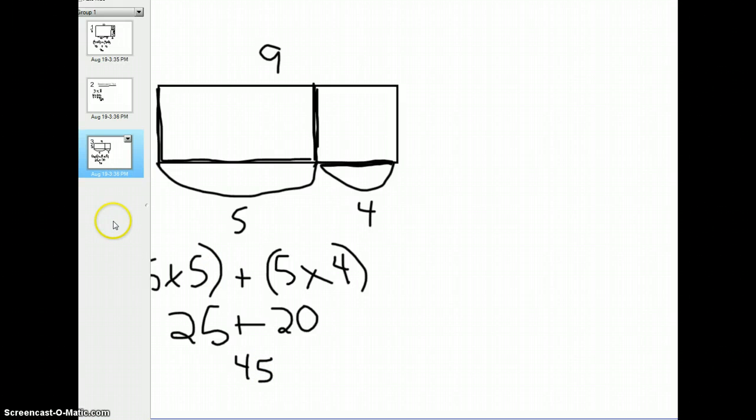What I would like for you to do now is get out your worksheet that I have handed out to your group. It has one side that says reteaching. At the top it says reteaching 3-5.